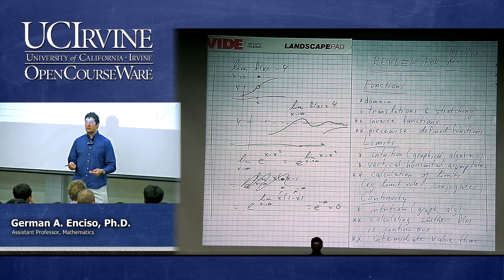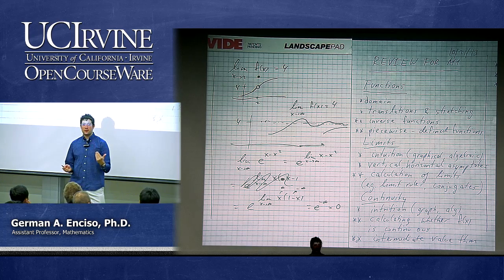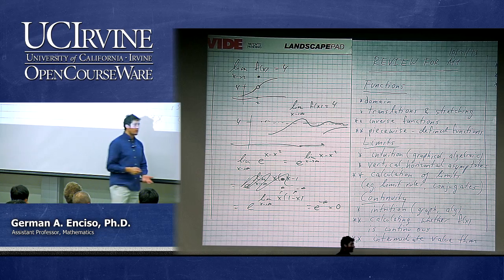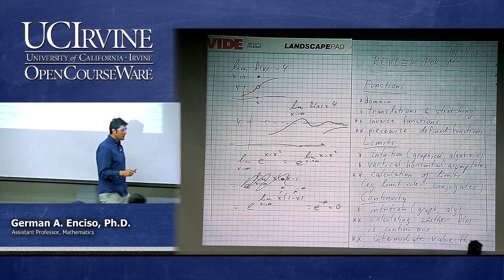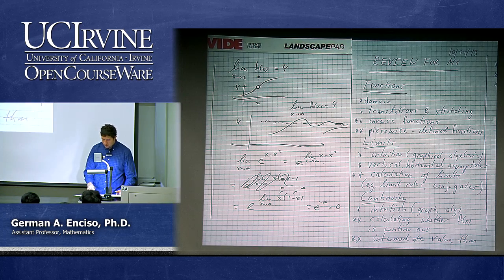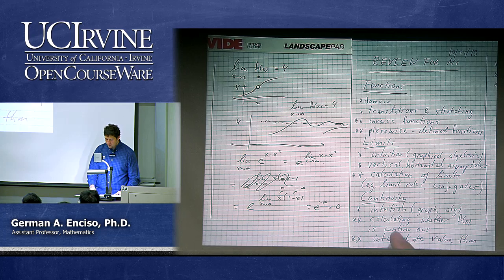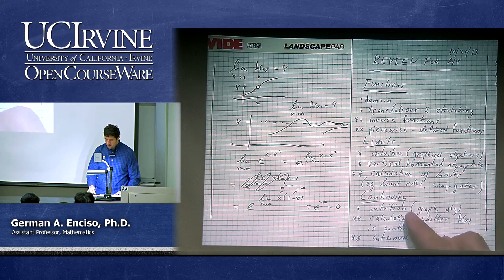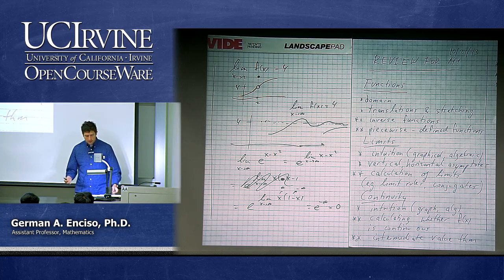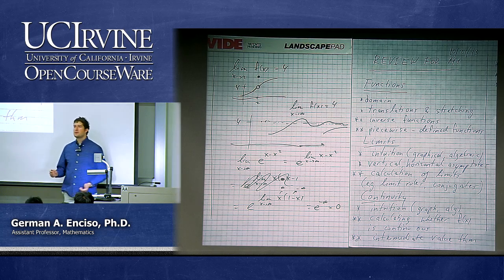Otherwise, you might get stuck with something that goes to 0 divided by something that goes to 0. We've done several examples of those, so maybe if you want, we can do one, but I'd say let's move on because we still have a bunch of stuff to cover. And we can start talking about continuity. Okay? Questions about limits? Any other question about limits?